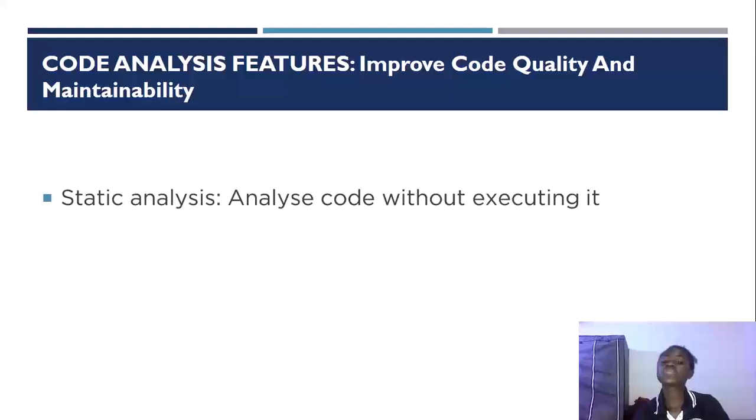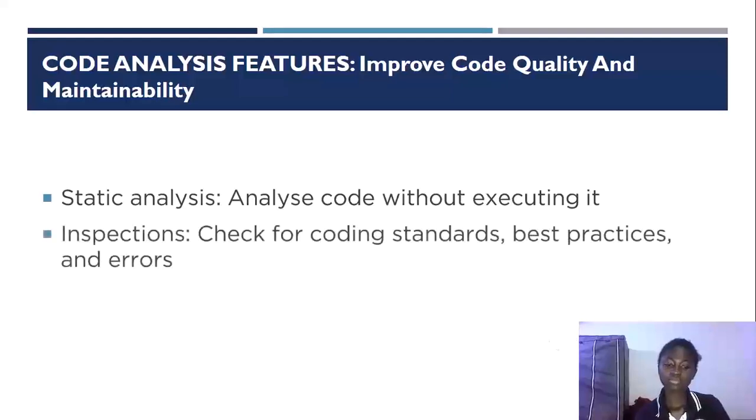Code analysis features. The code analysis features help improve code quality and maintainability. Here are some types of code analysis features. One is static analysis. Static analysis is a technique used to analyze software code without executing it. Two is inspection.